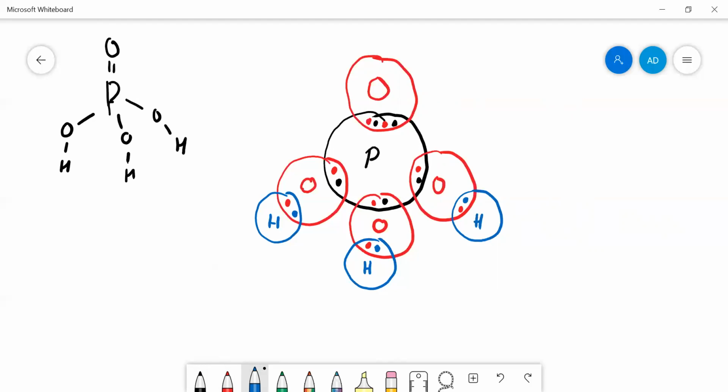The phosphorus doesn't need any lone pairs, because look, we've got all 5 electrons, 1, 2, 3, 4, 5, all accounted for, so no lone pairs. But the oxygens, they've only got 2, so they need 2 lone pairs each, because they've got 6 electrons in their outer shell. So that would be the formula of phosphoric acid.